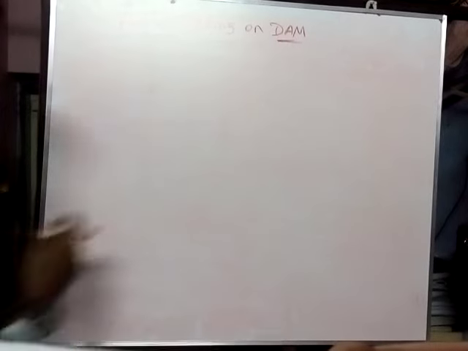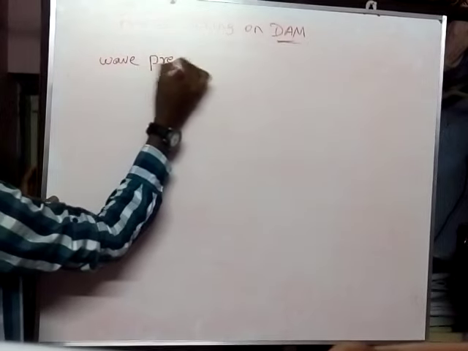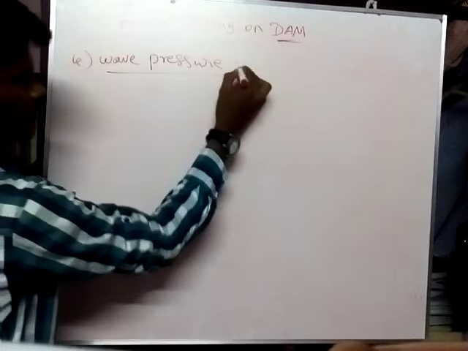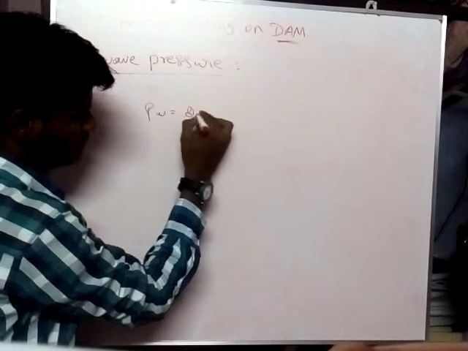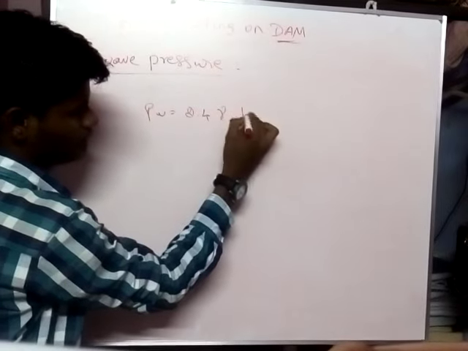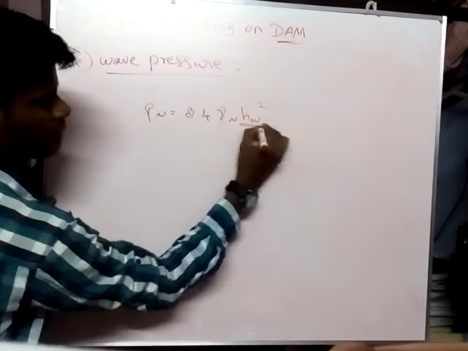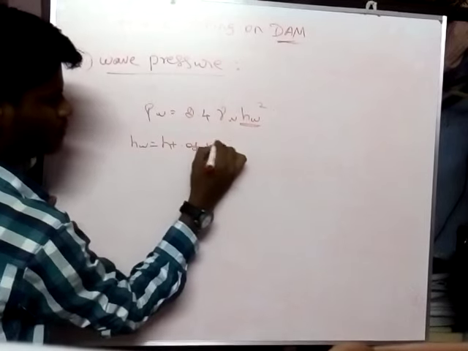Then we will discuss wave pressure. PW equals 2.4 UW HW squared. So what is HW? HW is the height of wave.